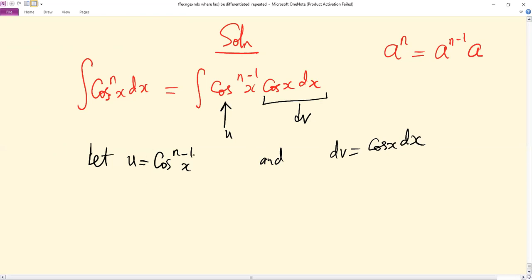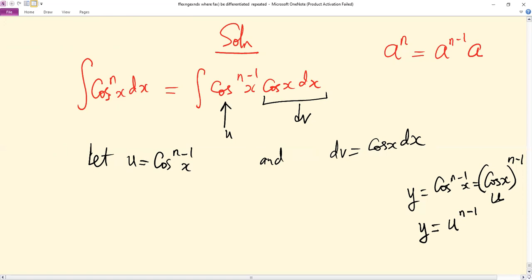Now, we use the chain rule to get du. If we have a function y equals u equals cos power n minus 1 of x, which is the same as cosine of x raised to the power n minus 1, we let the inner function be u, so we have y equals u power n minus 1.